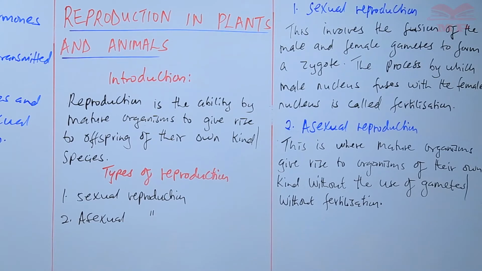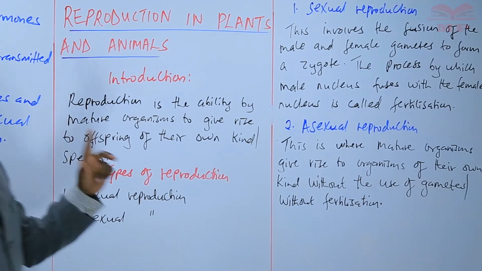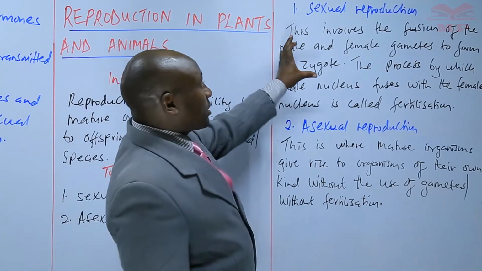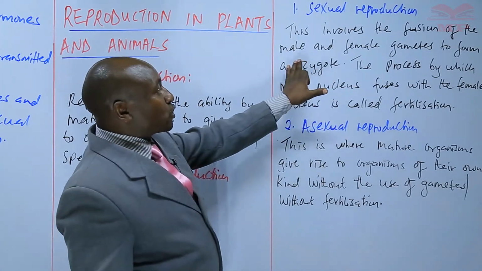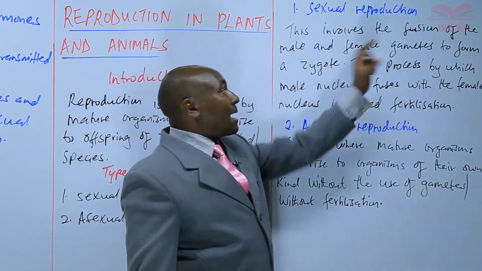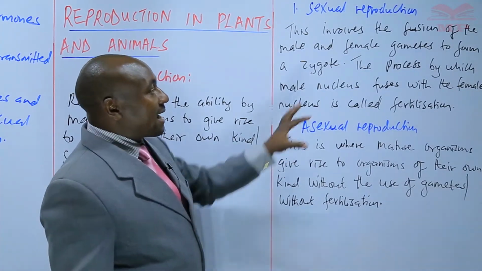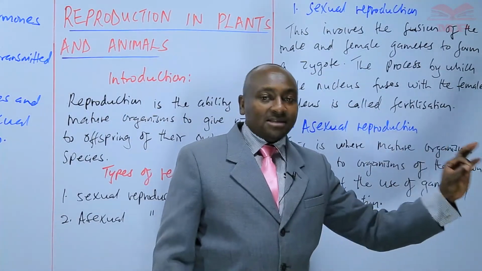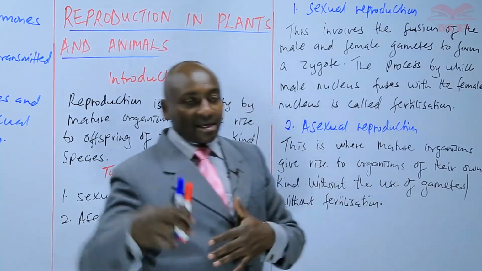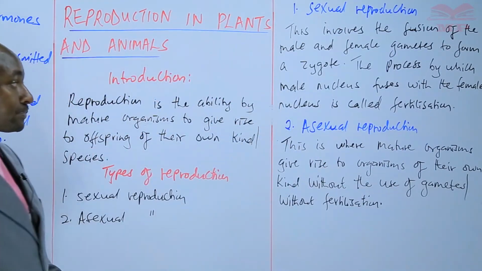Then we have looked at two types of reproduction, sexual and asexual. Sexual reproduction involves the fusion of the male and the female gametes to form a zygote, and gametes are sex cells. We shall look at those sex cells in more detail much later.